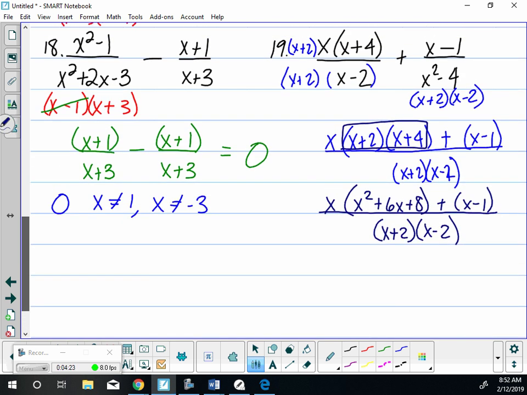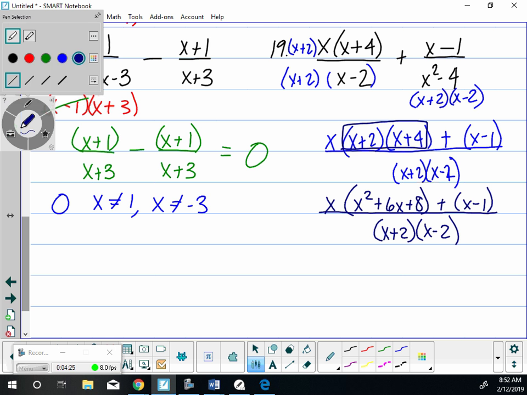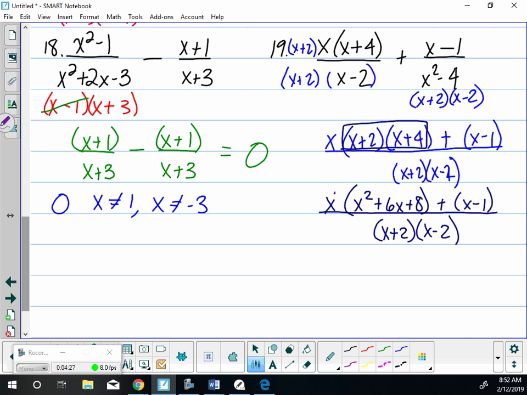Then I'm going to distribute the x. So I have x cubed plus 6x squared plus 8x plus x minus 1.